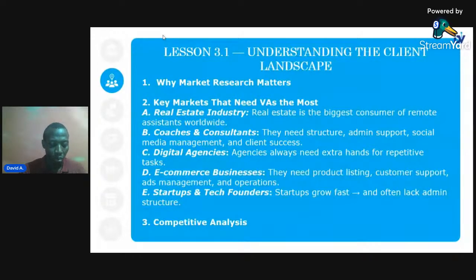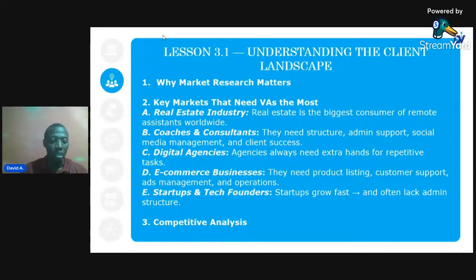Number three, digital agencies. Digital agencies are always in need of remote professionals, are always in need of virtual remote assistants.